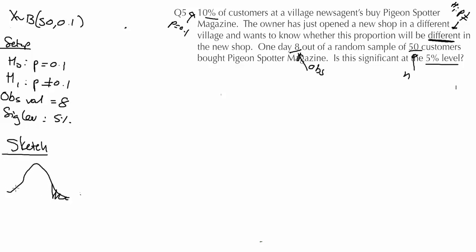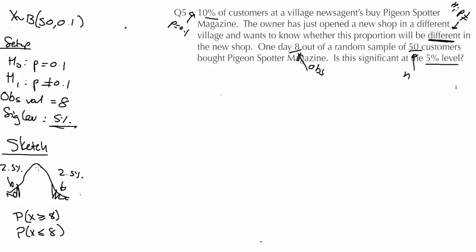We're not saying we only care about whether it was particularly high or low. We've got to look at both sides. Because both of these sides have to make up 5%, we're looking at 2.5% here and 2.5% there. So what we're now deciding is, are we testing greater than or equal to 8, or less than or equal to 8?